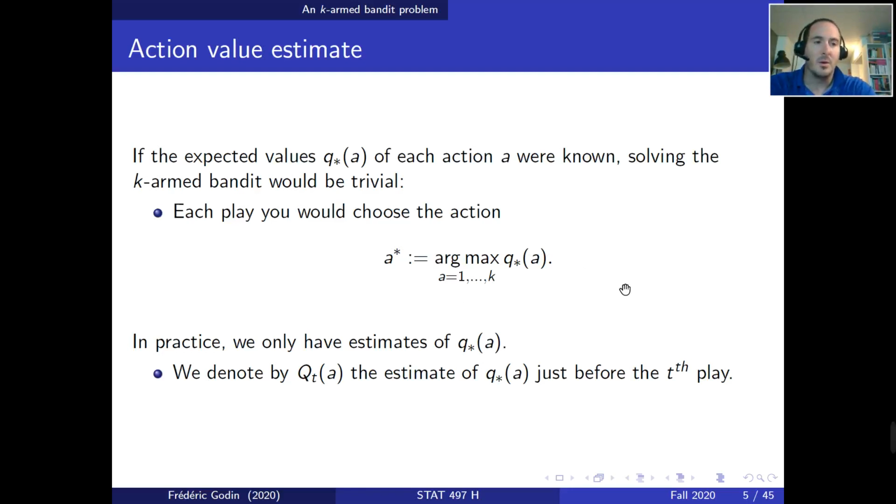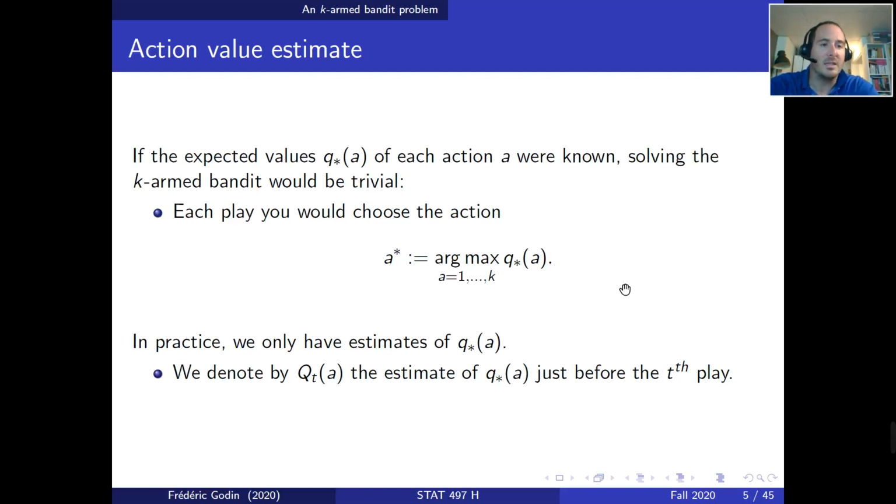Okay, so this is in theory if we knew the distribution associated with all levers, but in practice these distributions are unknown. So in practice you cannot have exactly the distribution, but you can have estimates associated with this distribution.